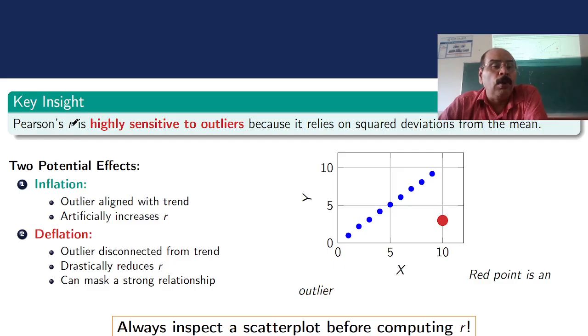So with Pearson's coefficient, one of the big drawbacks is that it is highly sensitive to outliers. Do you remember what is an outlier? Extreme values or values that do not match the trend.